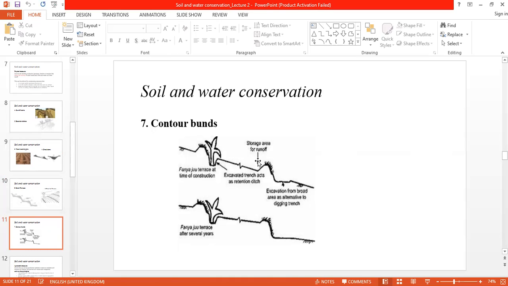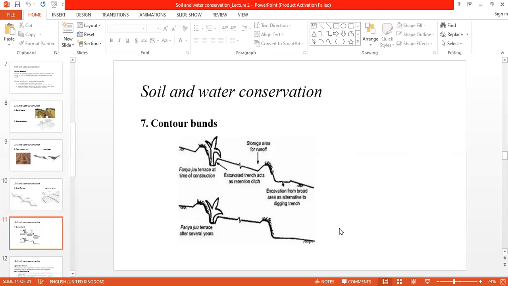For this one, when they dig the trench, they also put plants, as well as on the slope. Usually you don't lose out on any space because they utilize all the area.